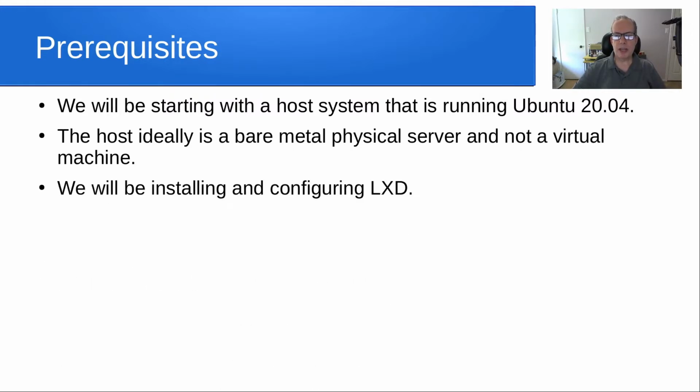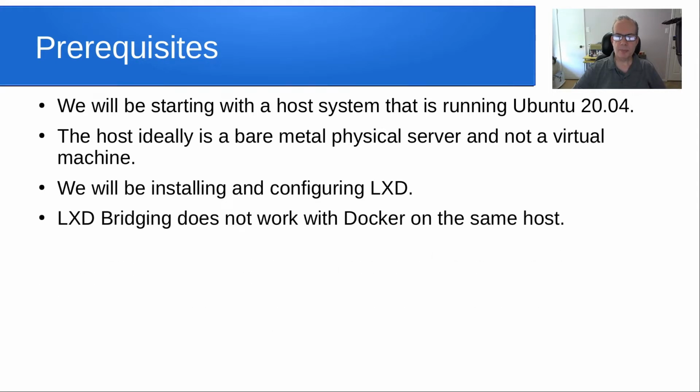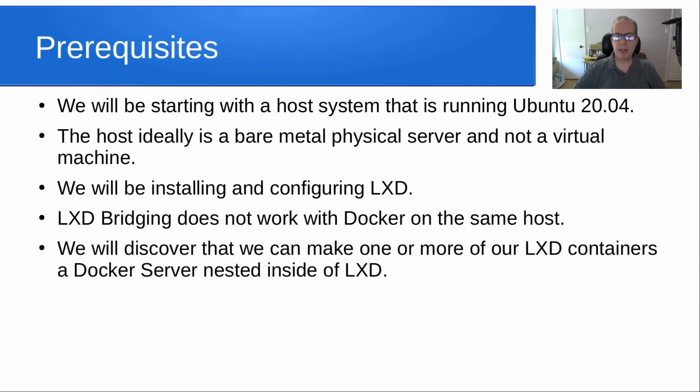So we're going to be installing and configuring LXD. LXD bridging does not work with Docker on the same host, or I should say it does not work properly. So we will discover that we can make one or more of our LXD containers a Docker server, which would be nested inside of an LXD container.